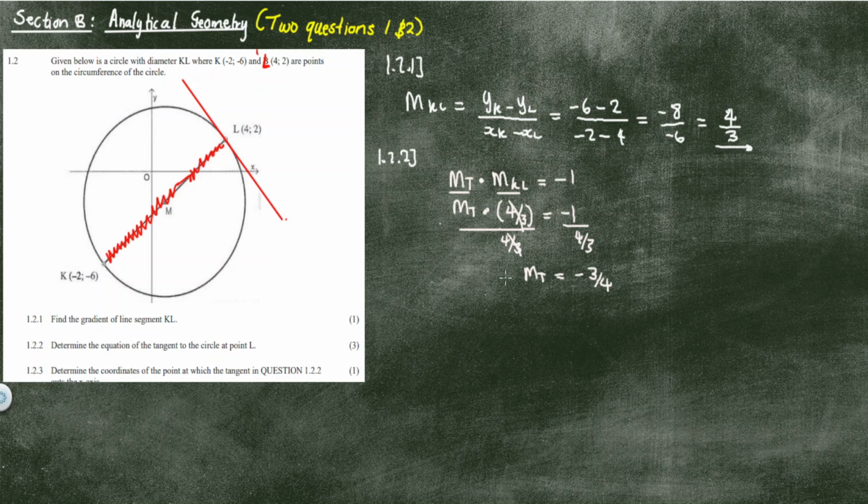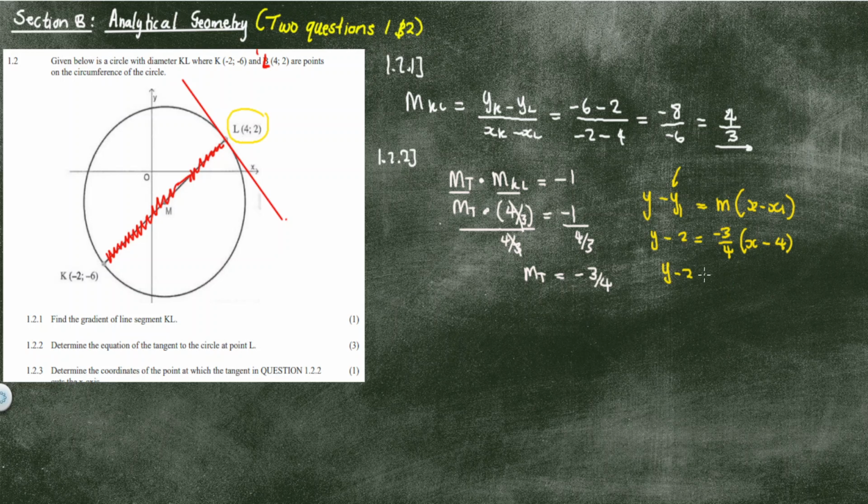Now let's calculate the equation for the tangent. It's going to be y minus y1 equal to m open bracket x minus x1. Then substitute: where there's y1 or x1, you substitute these coordinates. So it's y minus y1, which is 2, equal to the gradient, minus 3 over 4, and then x minus x1, which is 4.